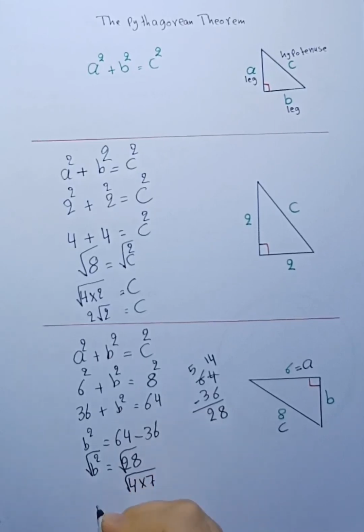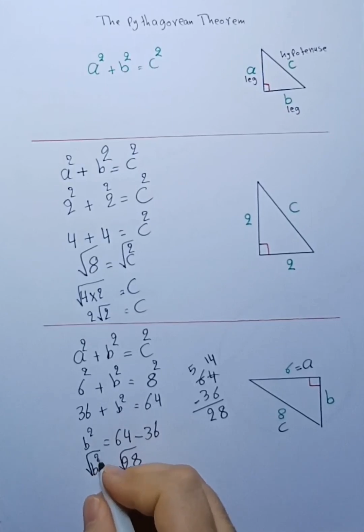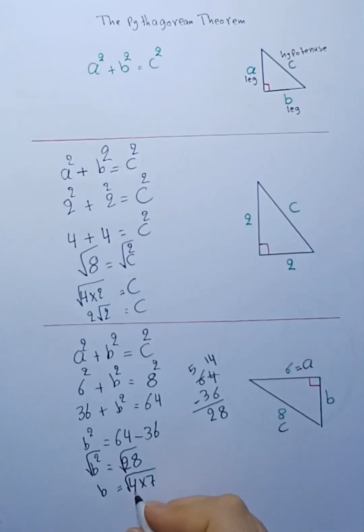So the square root of 4 times 7, and the square root of b squared is only b. The square root of 4 is 2, and 7 is not a perfect square, so we write 7 without change. So b equals 2 times the square root of 7.